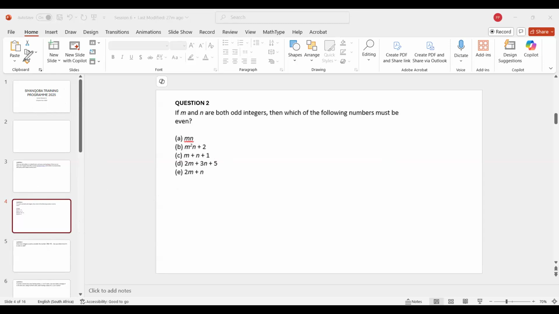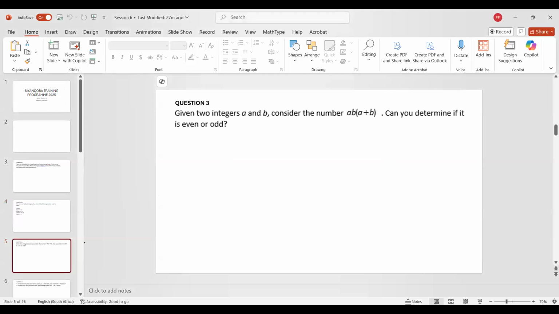All right, so the next problem would be this one here. Question 3: given two integers a and b, consider the number ab(a+b).